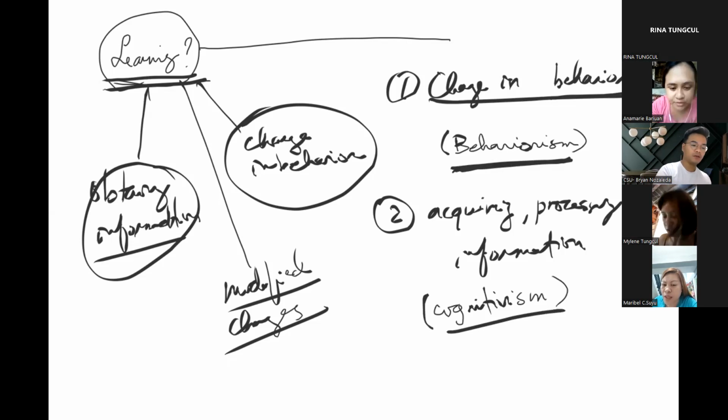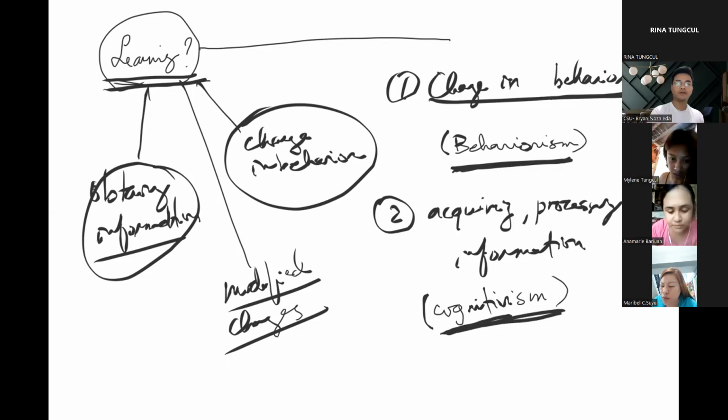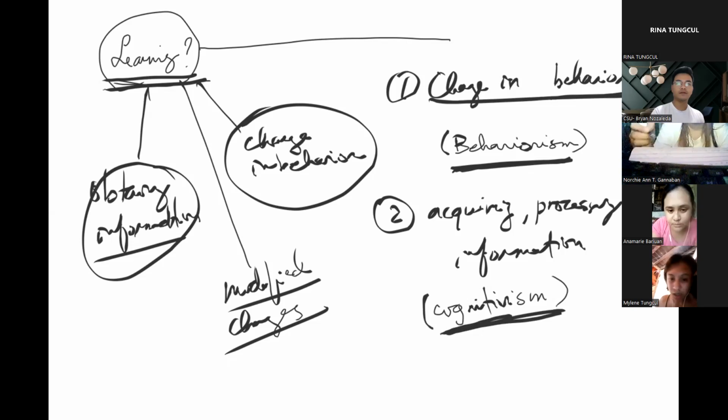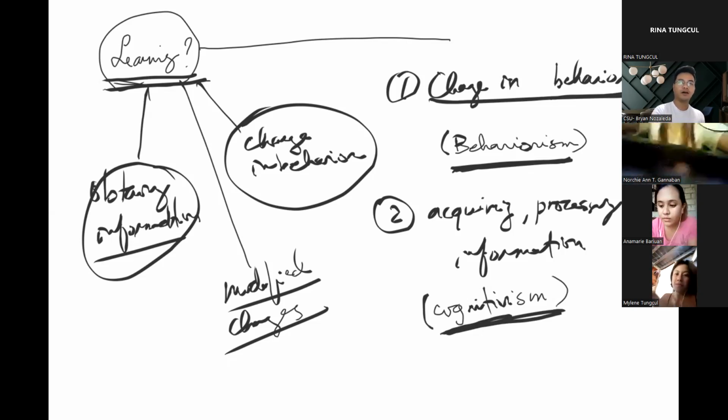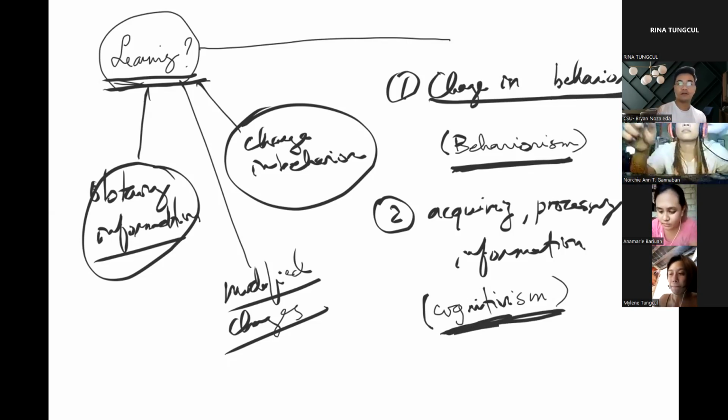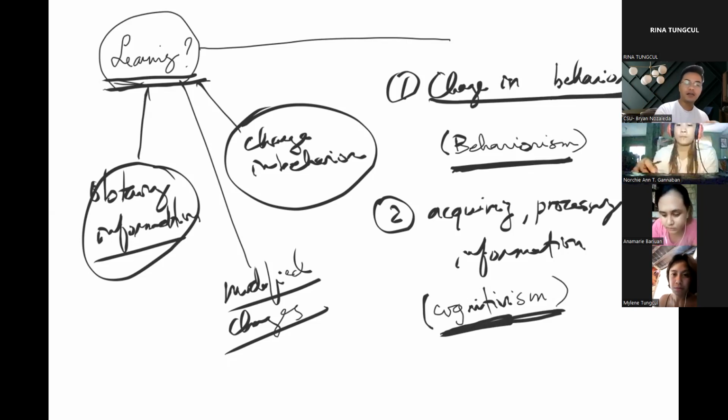What about the root word of cognitivism? Cognitive. Anong ibig sabihin pag cognitive? When we say cognitive, it's what works here in the brain. It's the mind. Kaya siya tinawag na cognitive.